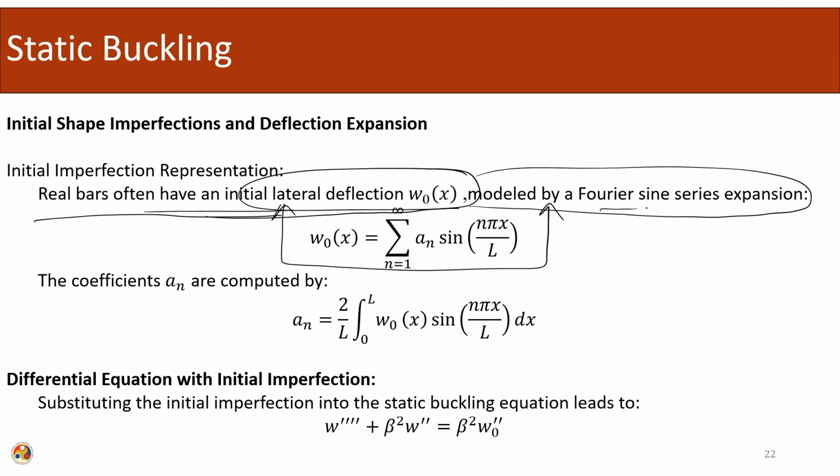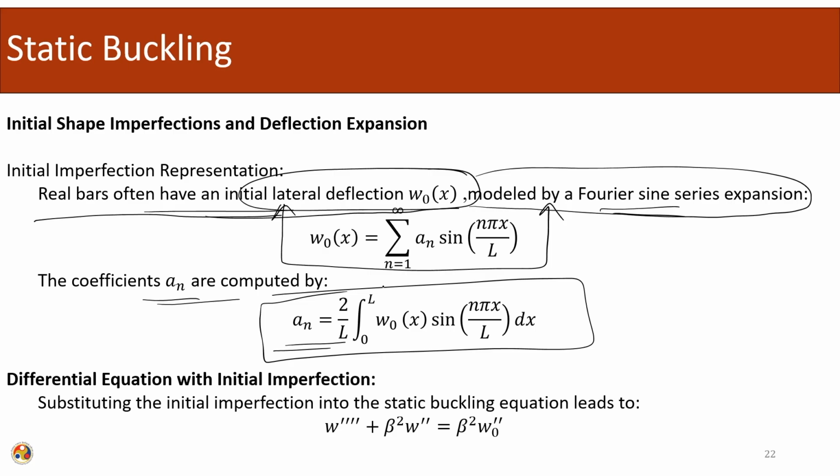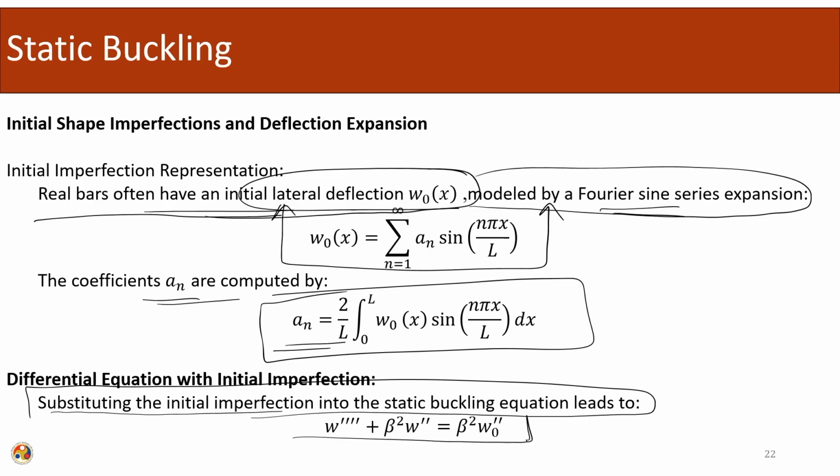And this is modeled by a Fourier sine series. The coefficient a n is computed by use of this equation. If we put the initial imperfections in the differential equation, so we are substituting the initial imperfection into the static buckling equation, here we get the corresponding equation.